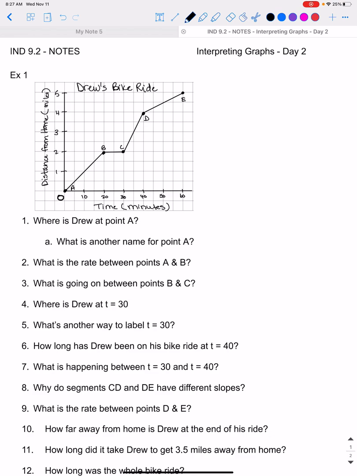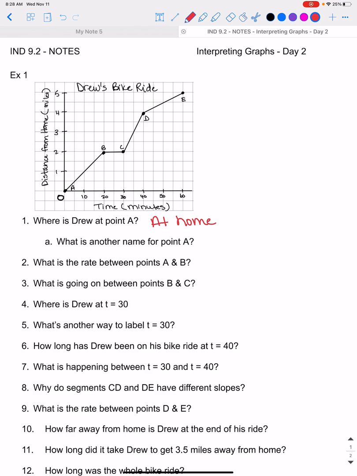All right, so we've kind of already answered this, but where is Drew at point A? Well, point A is that origin point at 0, 0. And because the name of the y-axis is distance from home, we know that at that beginning point, Drew is at home. So where is Drew at point A? He is at home.